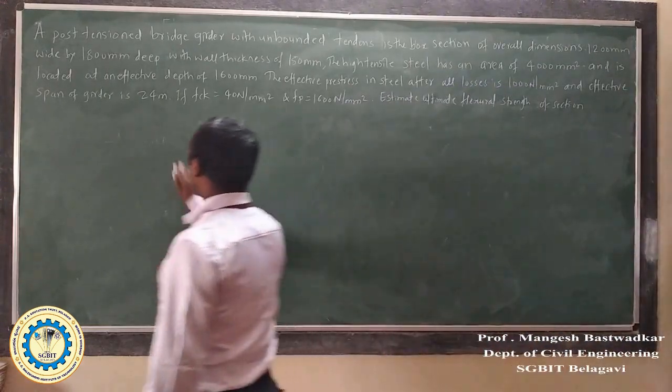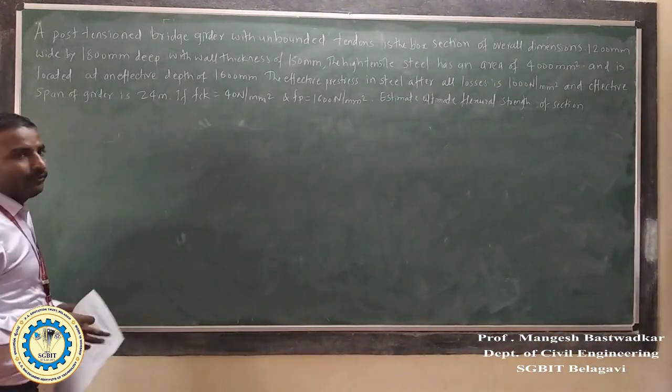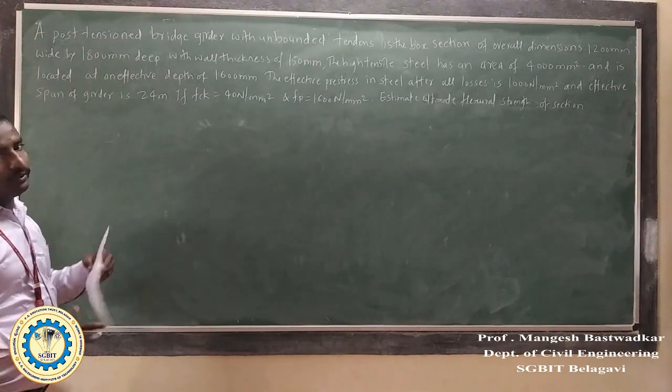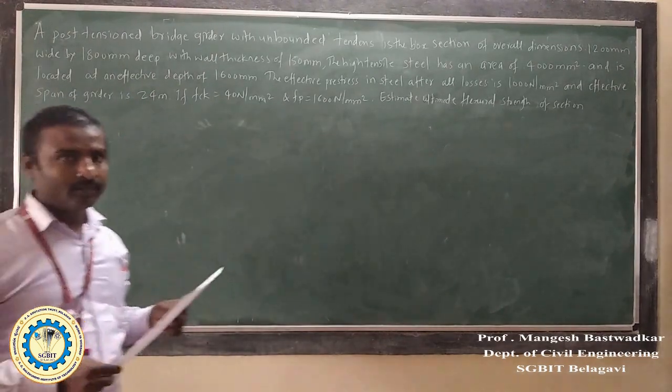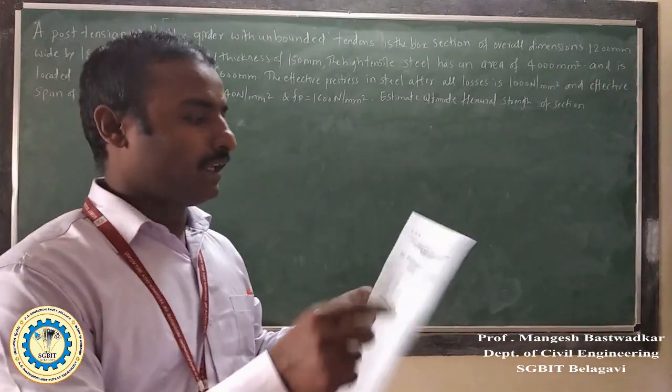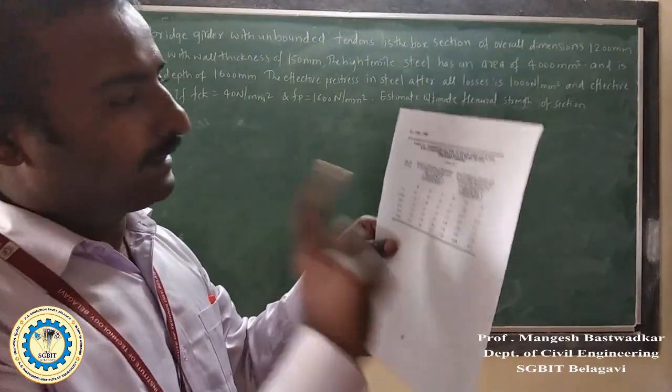Now we will calculate the effective reinforcement ratio. Only the web portion we have to consider here, because this table is given only for rectangular sections.